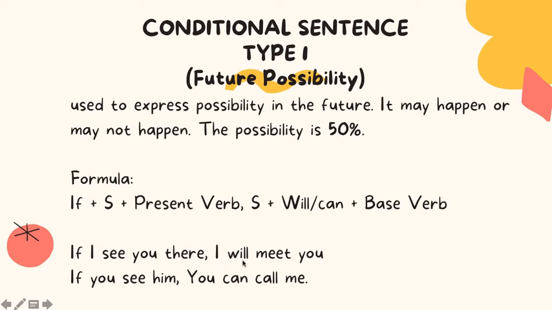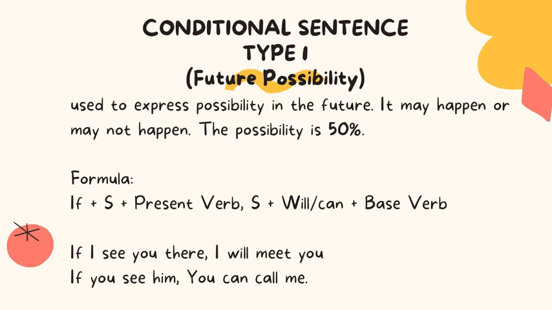These compositions can be reversed, which will be explained on the next page. But before that, let's see another example: if you see him, you can call me. Everything here expresses something in the future, so we make a prediction of what may happen in the future, not at this time.